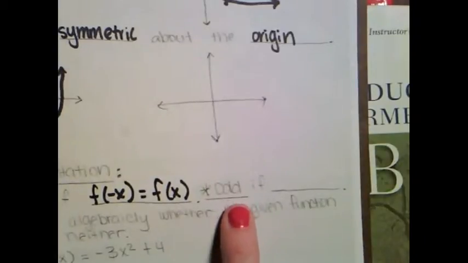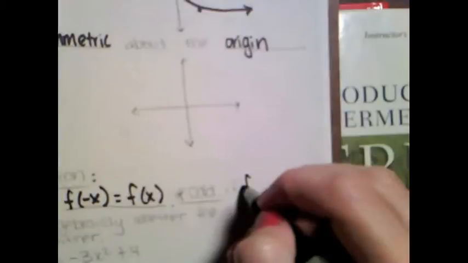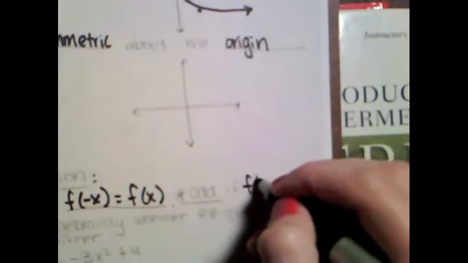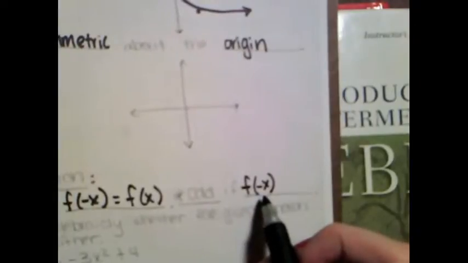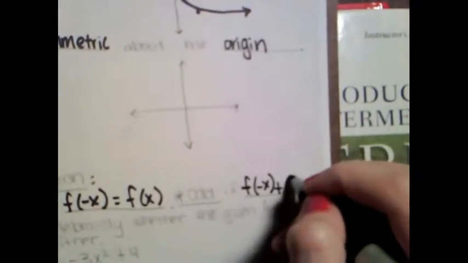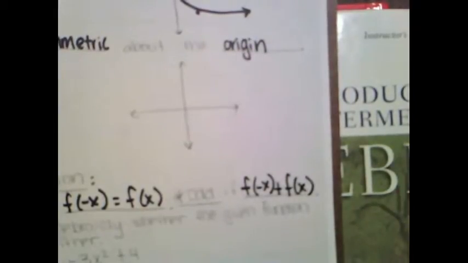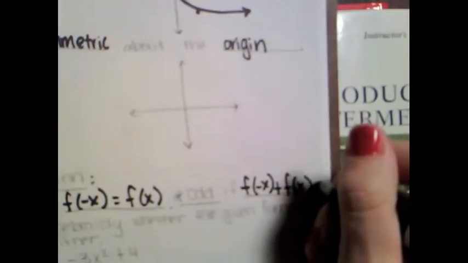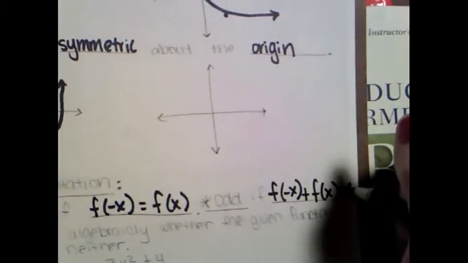But let's talk about a function being odd algebraically. If you take a function after you've substituted negative x's in, taking that result and adding it to the function itself, the sum of this would equal 0.